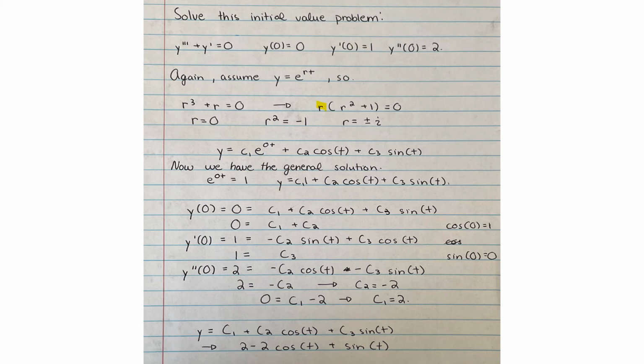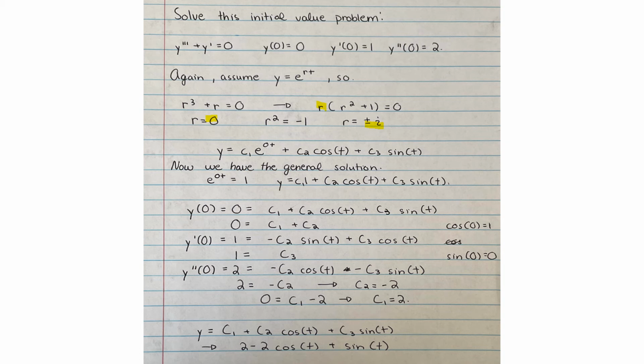It's pretty simple. You factor it and you find that the three roots you're working with are 0, i, positive and negative i. So we're going to be dealing with complex roots in this problem. And because we're dealing with complex roots, we're going to have to replace the complex valued solutions with the real valued solutions.